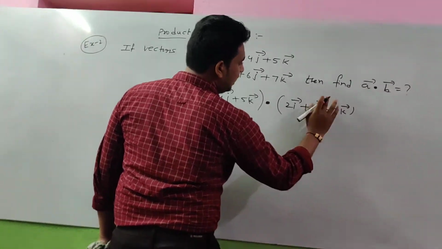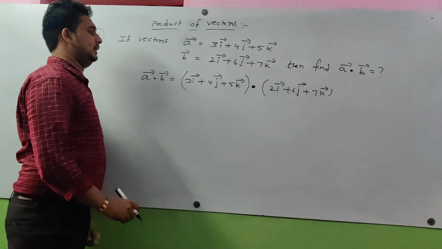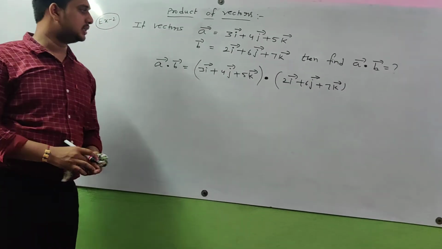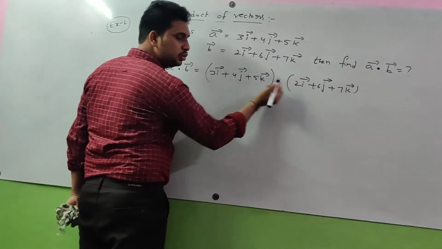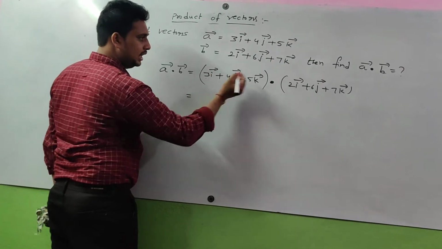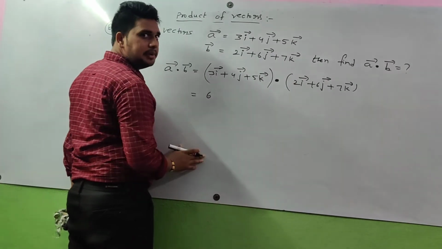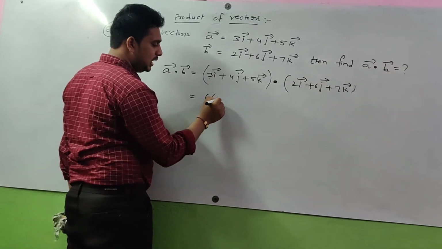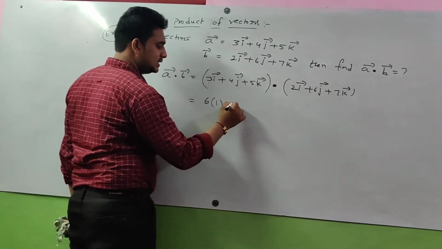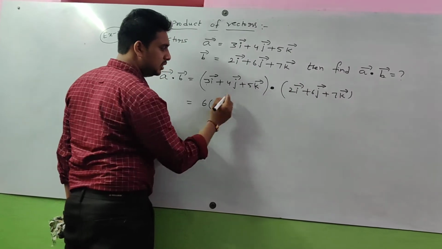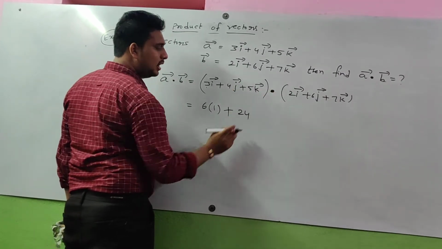We represent it with a dot since it is a dot product. How to find the dot product of these two vectors? Observe carefully. 3 into 2, 6, I bar dot I bar. I bar dot I bar value is 1. Next 4 into 6, 24, J bar dot J bar.